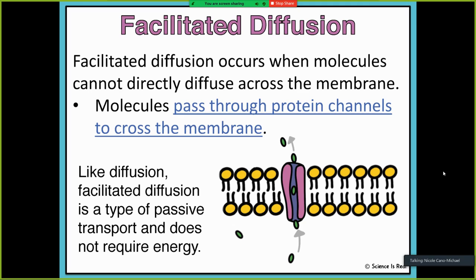It doesn't require any energy. It's just that these are pretty large molecules, so they can't just push through the phospholipid bilayer. They have to go through a protein channel. In other words, they have to kind of like travel through a tunnel, if you will. Again, it is a form of passive transport. It does not require any energy.